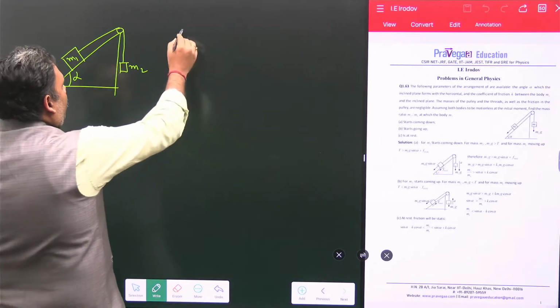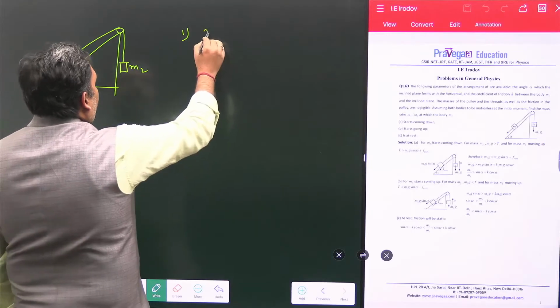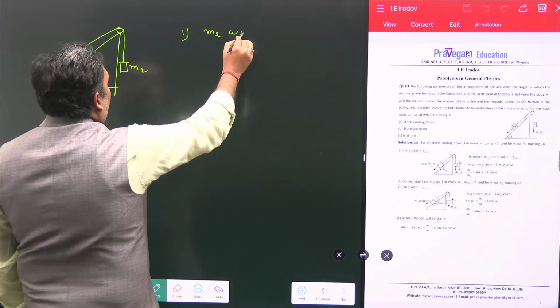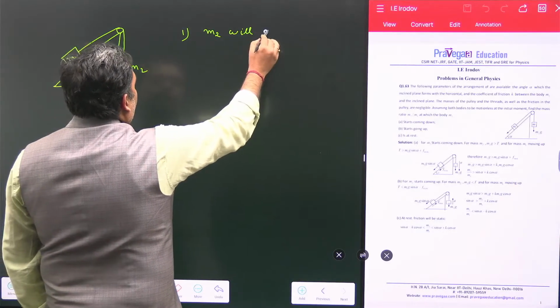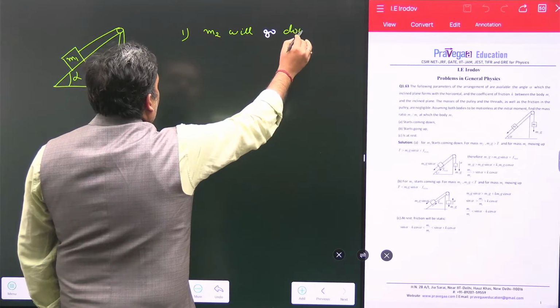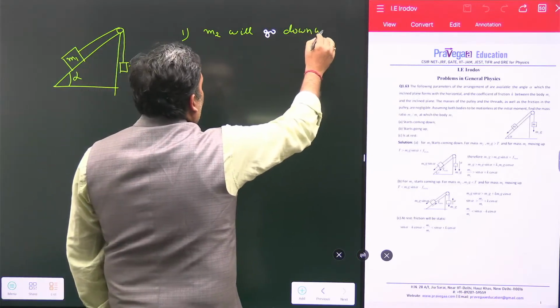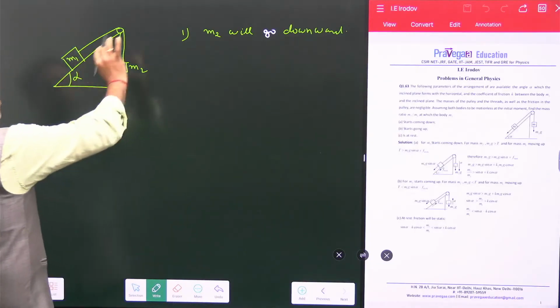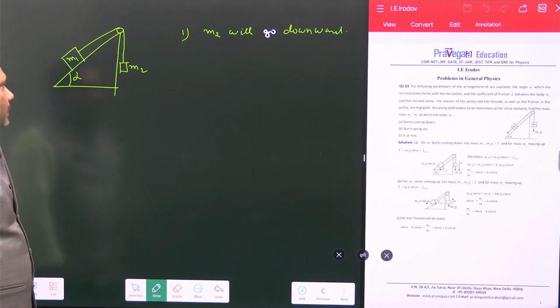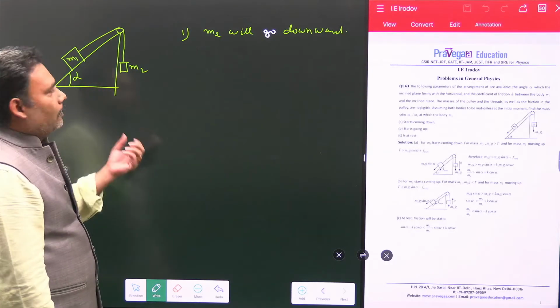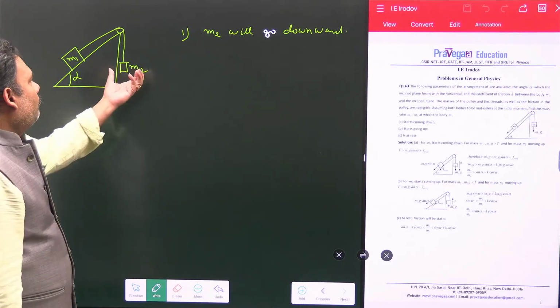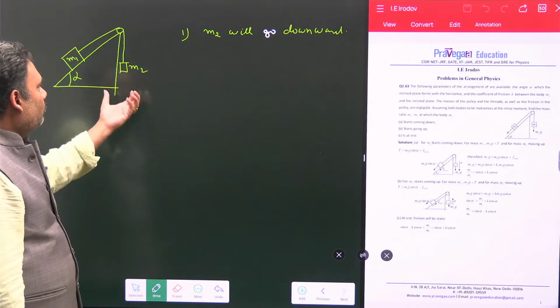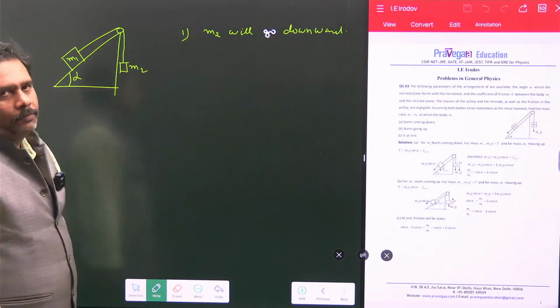Case 1: m2 will go downward, which means m1 will go upward. When m2 goes downward, the downward force on m2 must be more than the upward force.